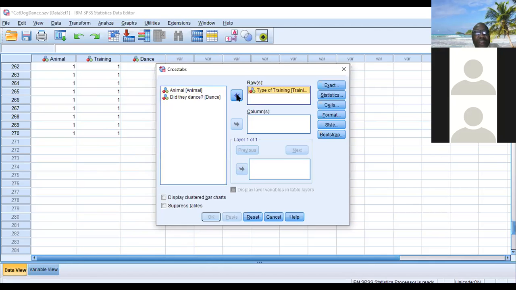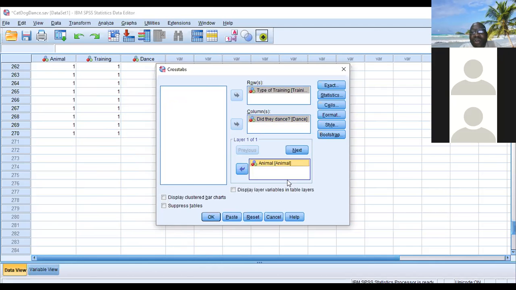Then dance is the column. The animal, make it the layer, so you are doing it separately for animal and for each of them. We just want to explore.